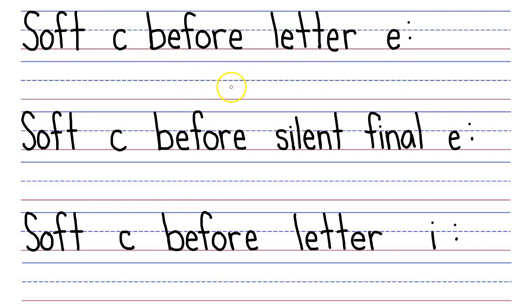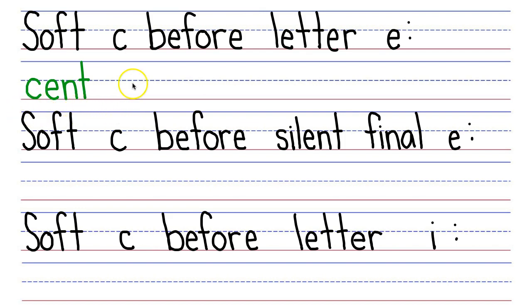First word, cent. This is like a penny. This is a letter C that makes its soft C sound s because it comes before an E. That's followed by an N that says n and a T that says t. S, n, t. Say it together fast.